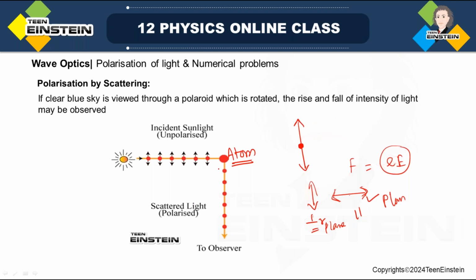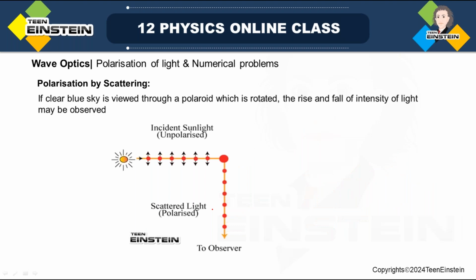That's why electrons which are oscillating in a direction parallel to the plane will not be able to radiate light in this direction, which has the electric field perpendicular to the plane of the paper. So that's why we see completely polarized light in this direction. If we see some other direction, maybe we'll see mixed polarization or partially polarized light. So this is polarization by scattering.